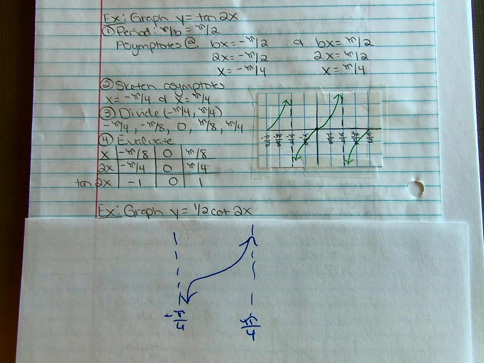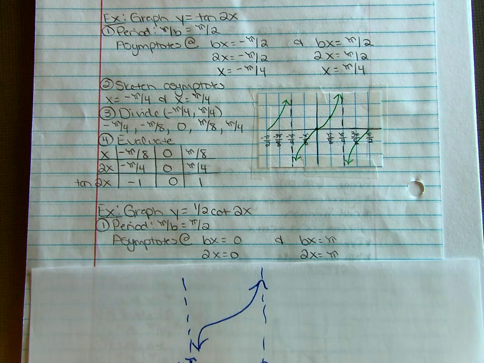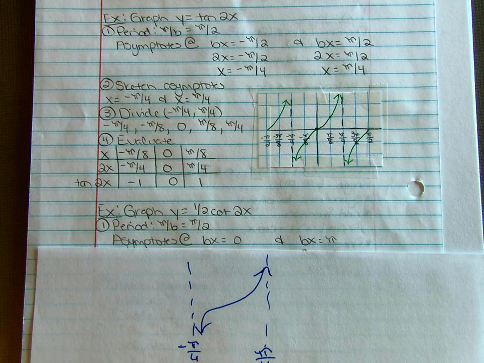So again, we find our period. Since period deals with b and our b is 2, our period once again is pi over 2. Which means that when we go to solve our bx, we're going to put in a 2 for the b. But remember, when we talk about cotangent, bx equals 0, not negative pi over 2 and pi over 2. It's going to equal 0 and pi.